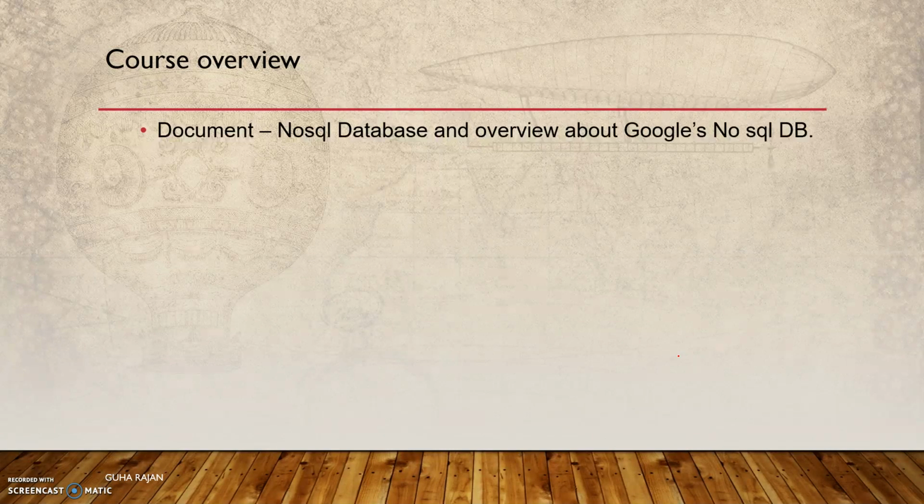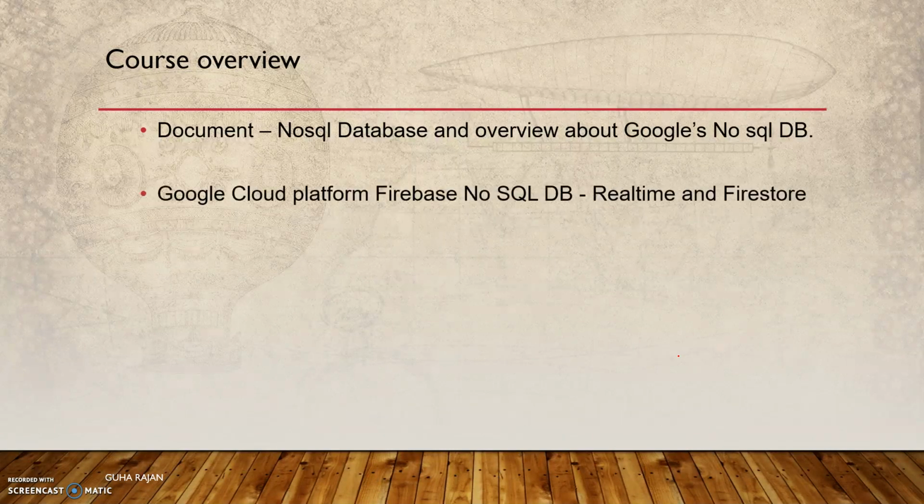Google's NoSQL database is based on documents. There are others as well, like key values and graph. But in this course, because we will be discussing Google's NoSQL database, it is the document database.